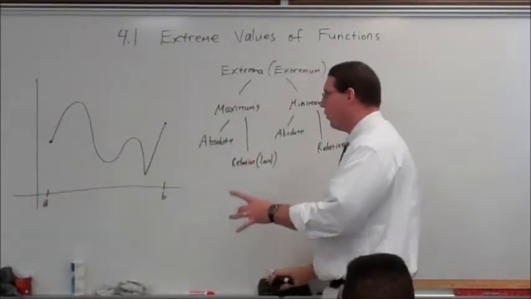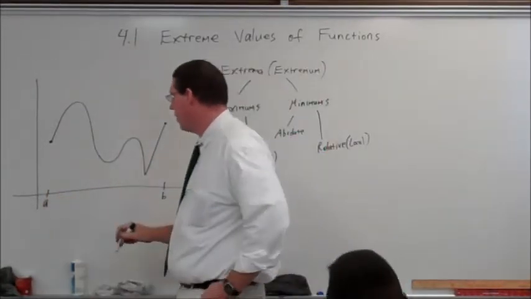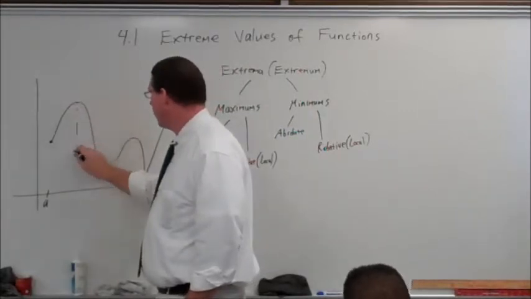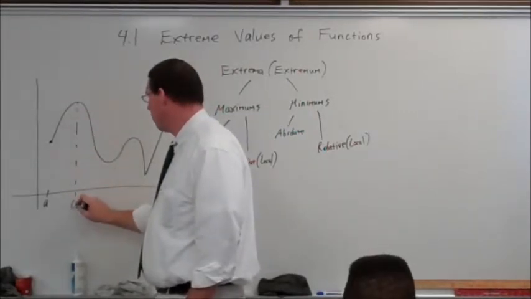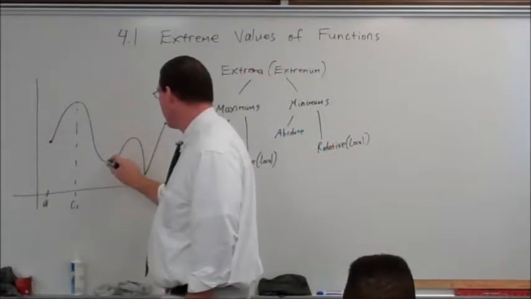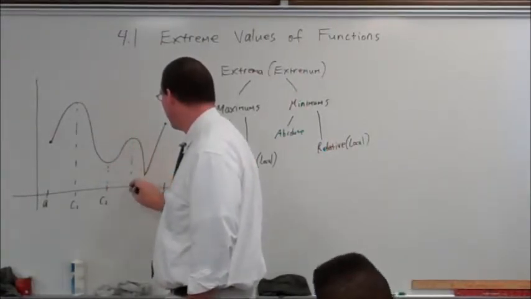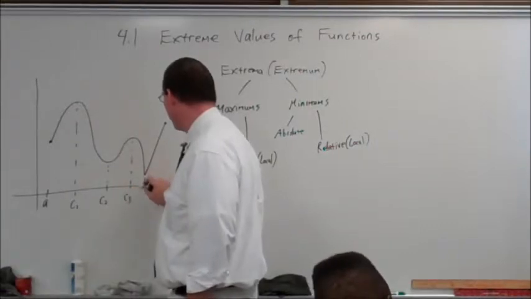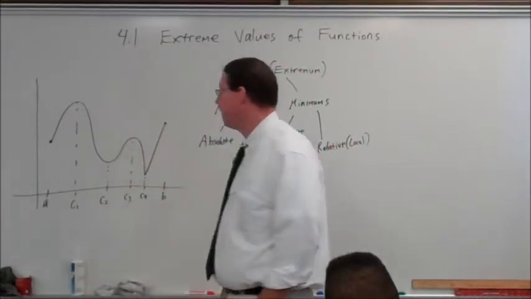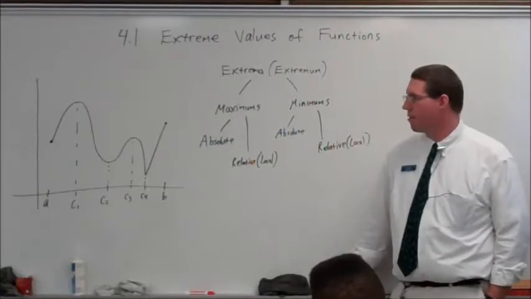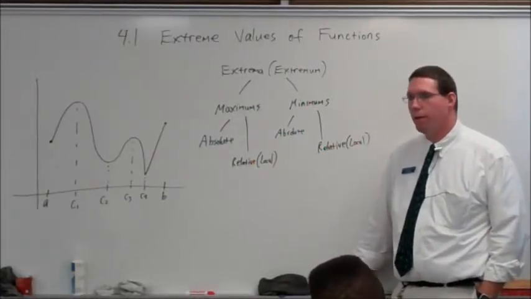So we have the closed interval from a to b. At this point right here, we are going to call that internal point C1. We're going to call this internal point C2, this internal point C3, and this is going to be internal point C4. Okay? Is this all acceptable to you?